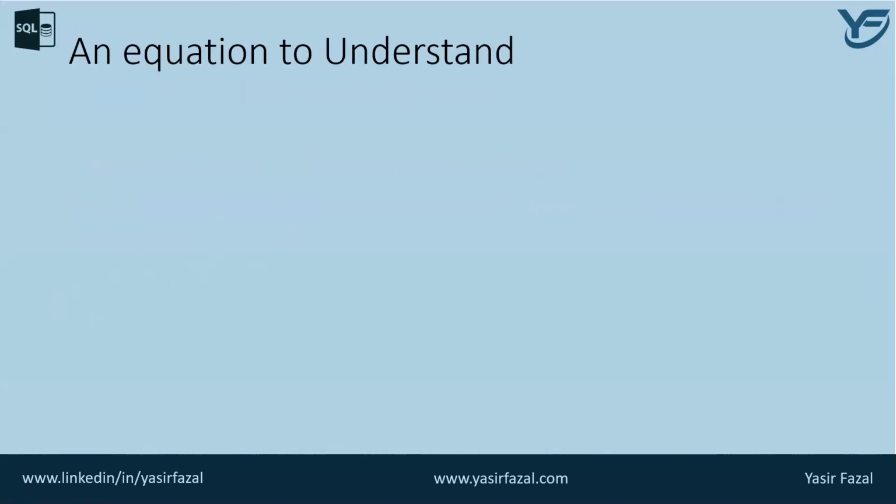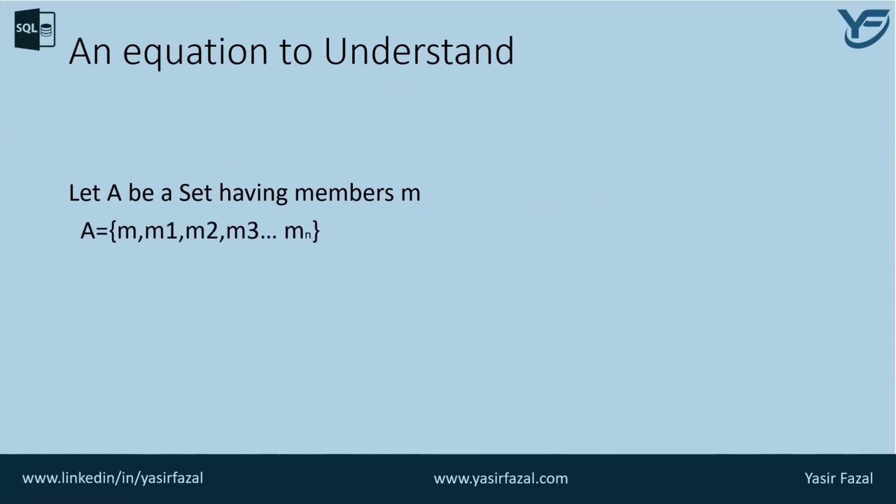Let's move towards a more mathematical form of defining the set. If I say I have a set A and it has various members M, how can I write that? I will simply write A, the set name, equals, and I will write down the members enclosed in curly braces.